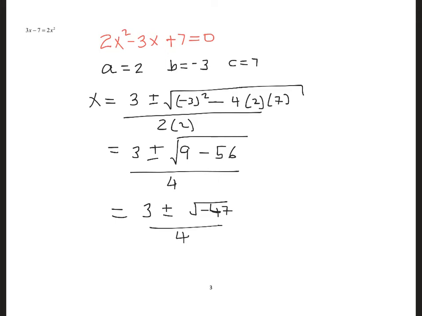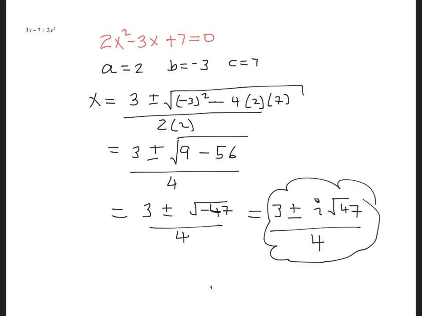And see, for the square root of negative 47, there is a negative inside, so it means we have i. So 3 plus or minus i square root of 47 divided by 4. So that is the answer to that question.